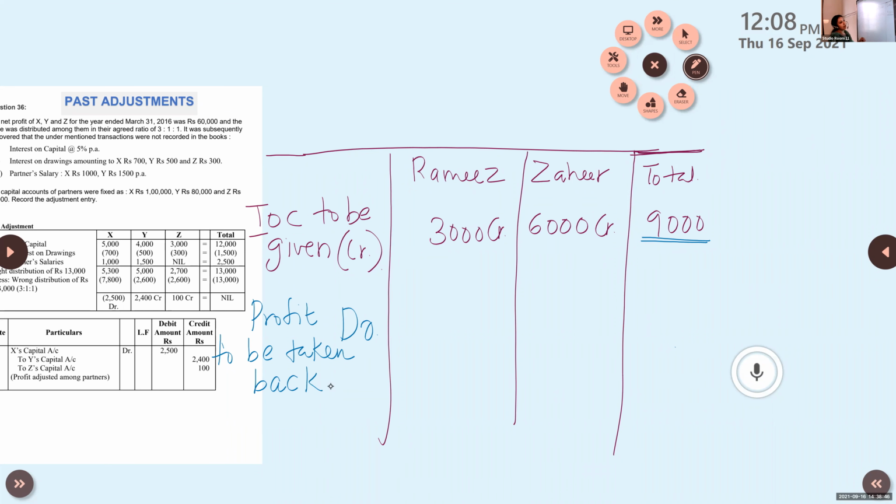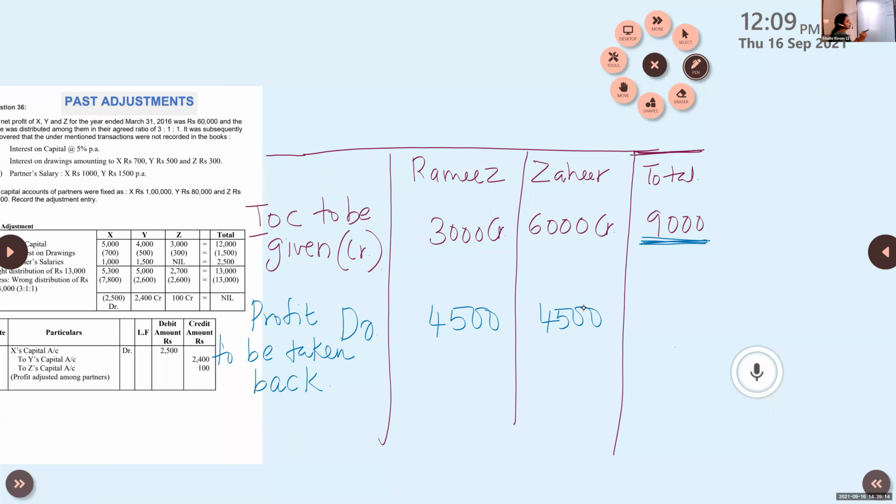How is this 9,000 there with the partners? It is actually in the profit. Profit was distributed equally. They were equal partners, 1:1. So this 9,000 is 4,500 and 4,500. It is taken back, so it is debited.